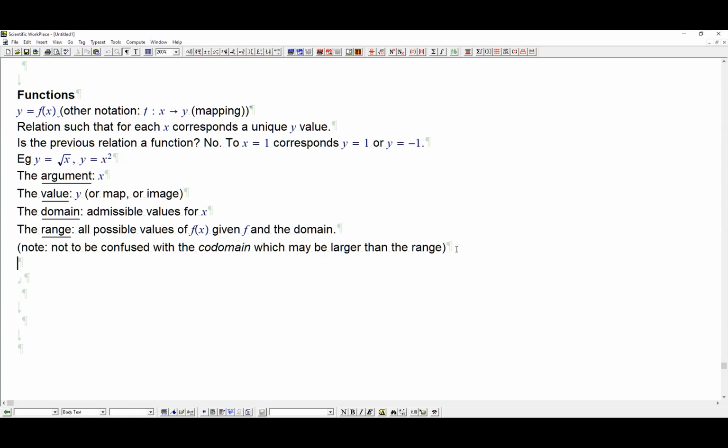Okay, just to see if we are all on the same page. If my function is y equals square root of x, what is the possible domain and range?